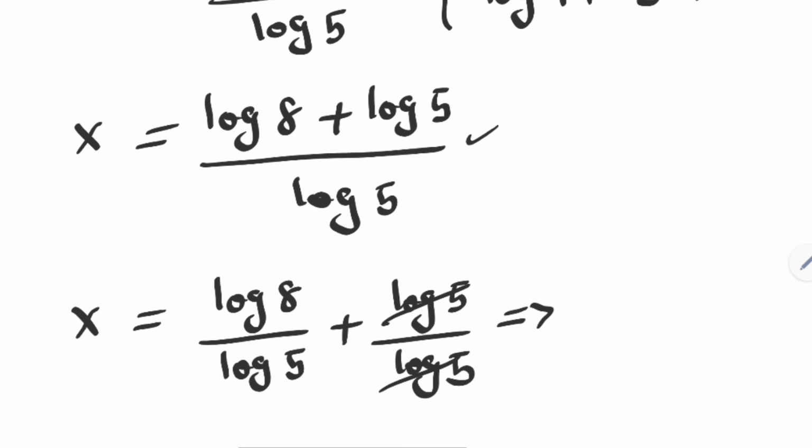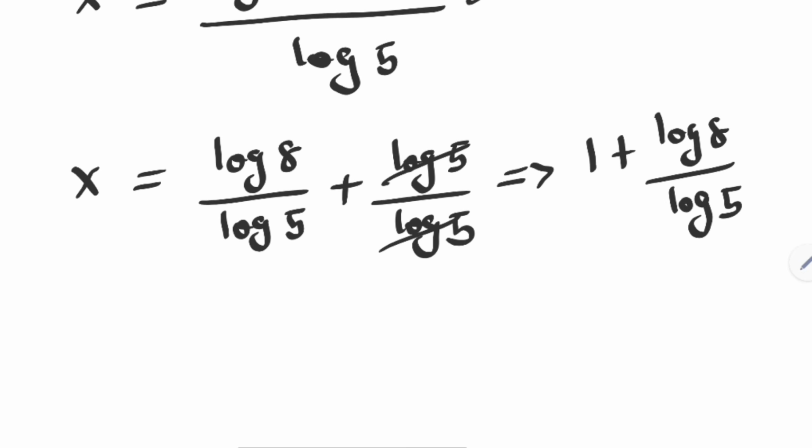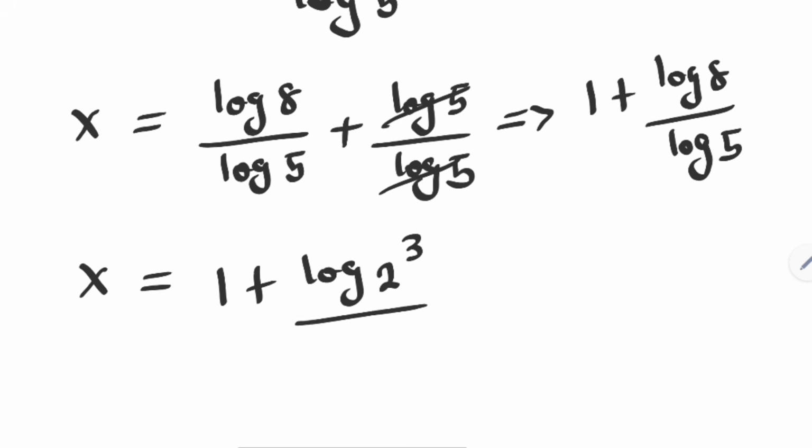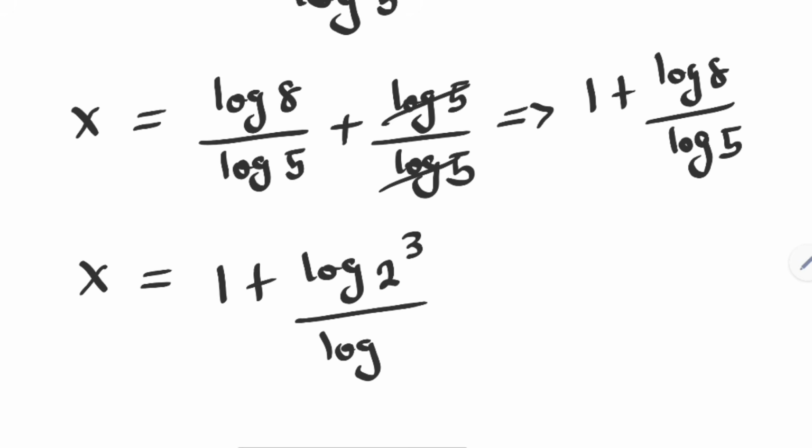This can be written as 1 plus log 8 divided by log 5. X is equal to 1 plus log 8 can be written as log 2 raised to power 3 divided by log 5.